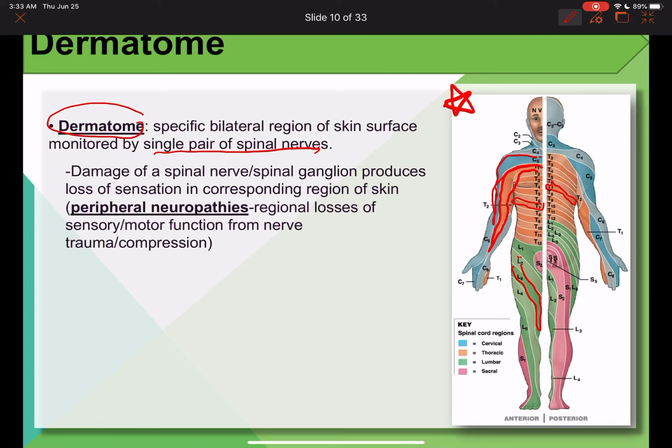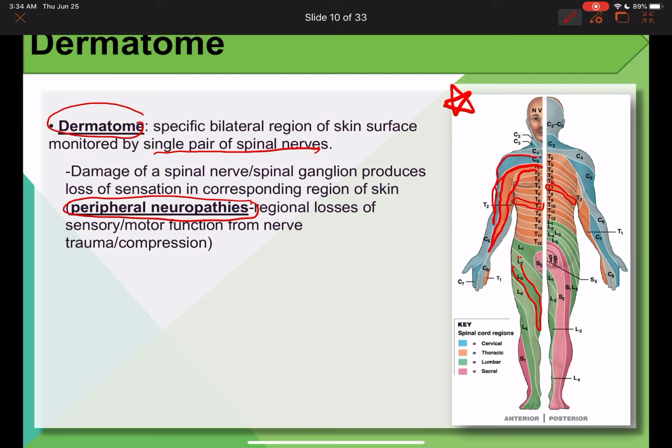Now, that will produce a corresponding loss of sensation within the dermatome that specific pair of spinal nerves serves. So this is known as the peripheral neuropathies. Peripheral meaning peripheral parts of your body, neuropathies meaning you don't feel anything. And this can actually be loss of both sensations and motor function in that region, okay? Just depending where it is compressed or damaged.